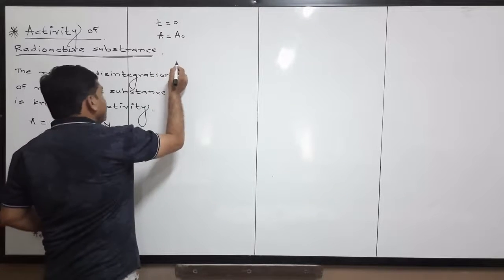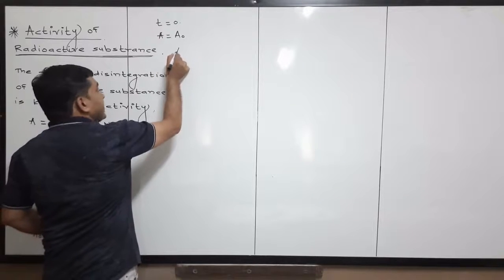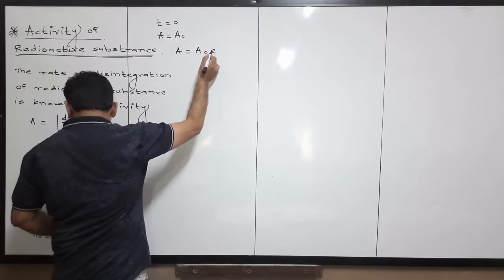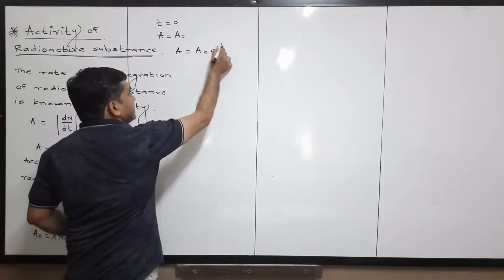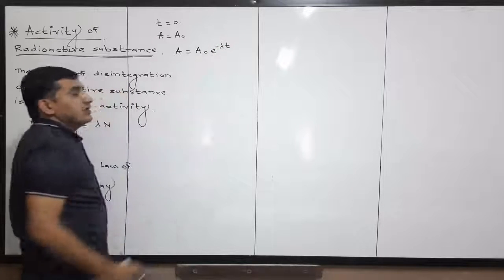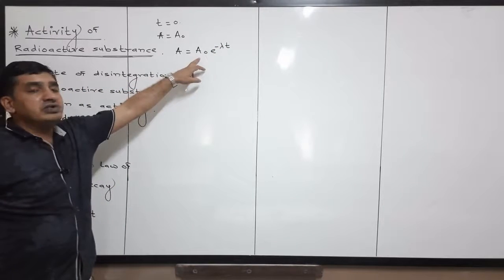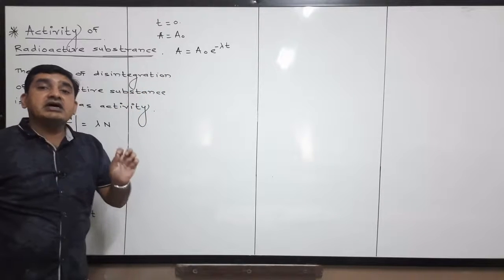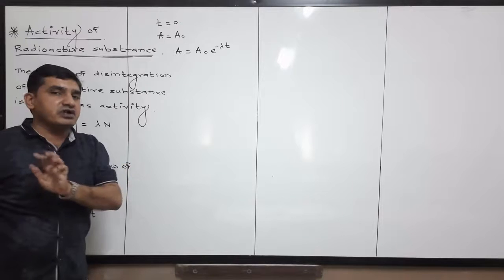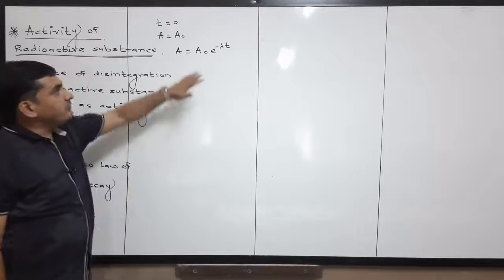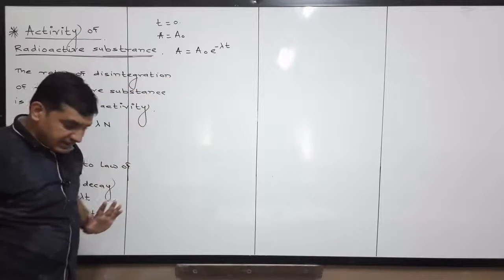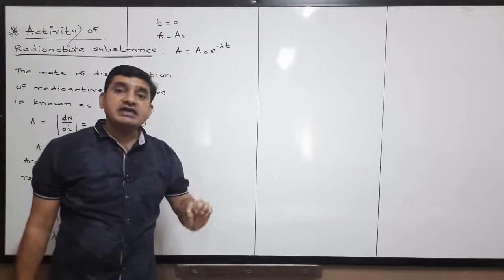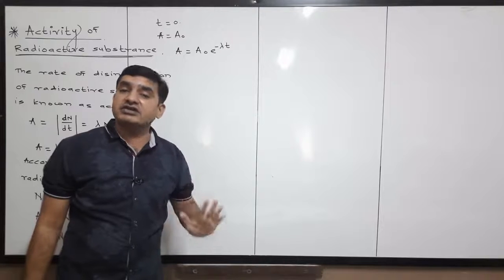Therefore activity A is equal to A0 e raised to minus lambda t, where A0 is the activity of the radioactive substance at time t equal to 0.